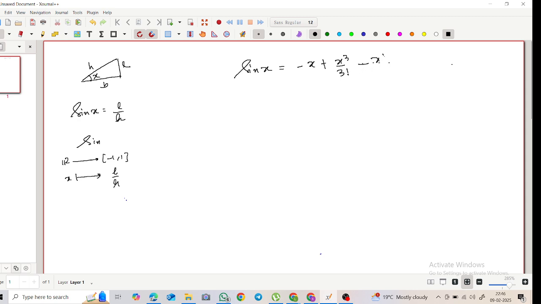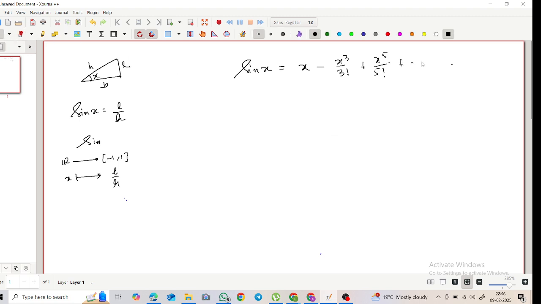The sign alternates, plus and minus. Actually, I can't recall these expressions. What I do is I try to make it myself. Actually, this polynomial converges on a particular domain.